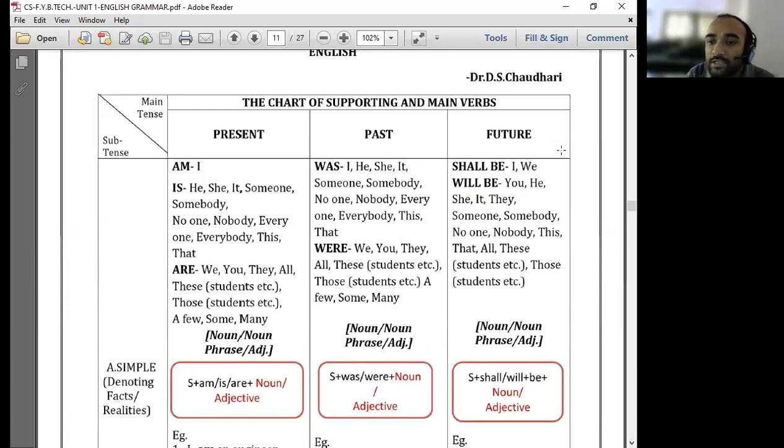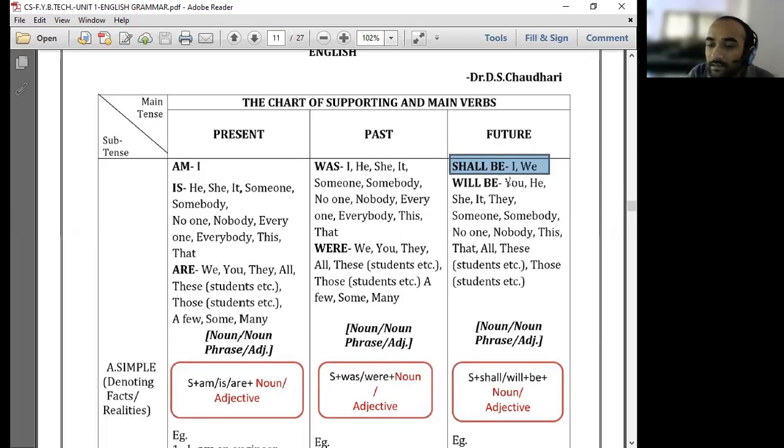Then for the future tense, for denoting the simple future tense, how to denote it? We have to use either shall be or will be. When to use shall be? It is used after I and we.